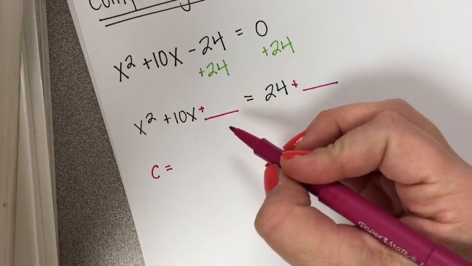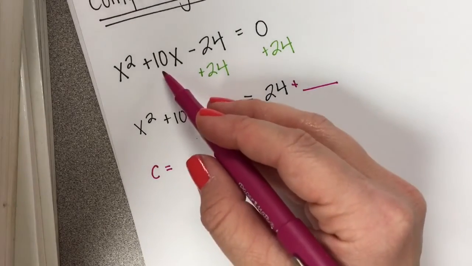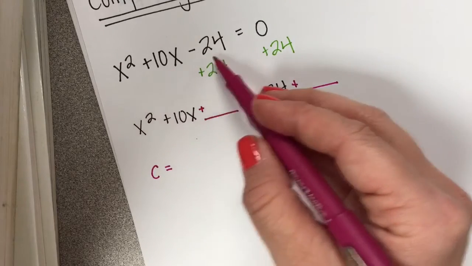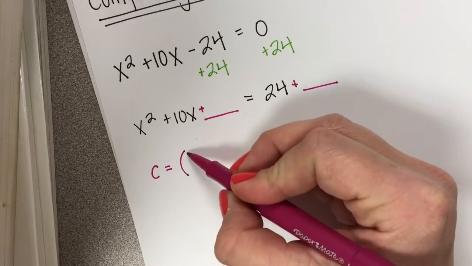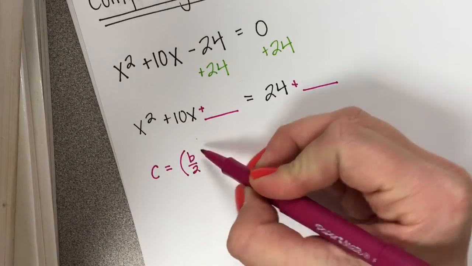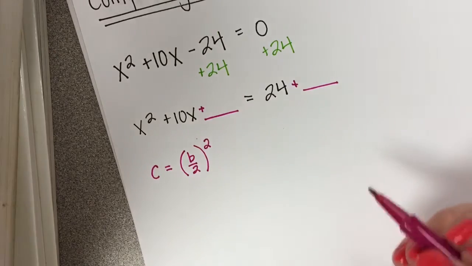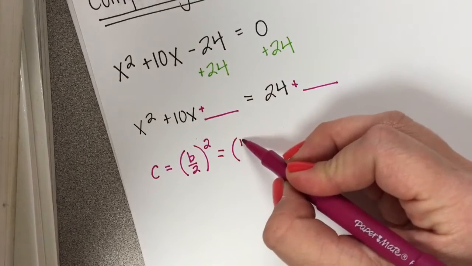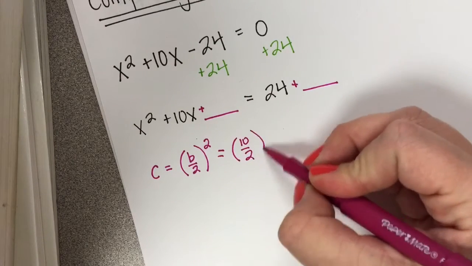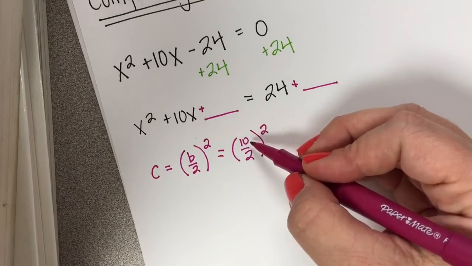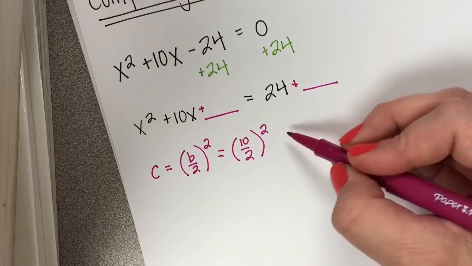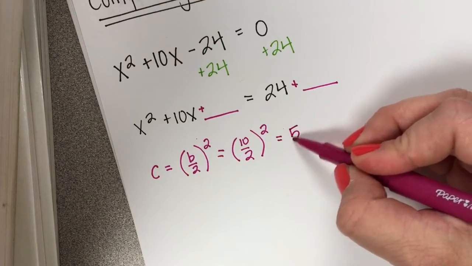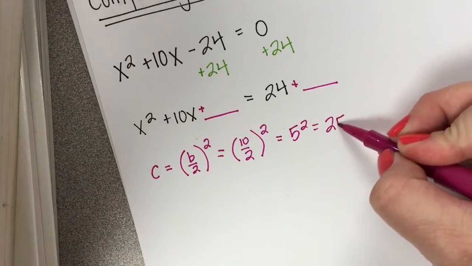C is where we take the middle term from our original trinomial, B, and we do B over 2 squared. In this case, B was 10, so I'm going to do 10 over 2 and square that. So 10 over 2 is 5, and 5 squared would be 25.